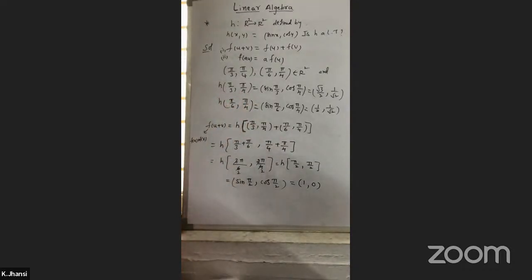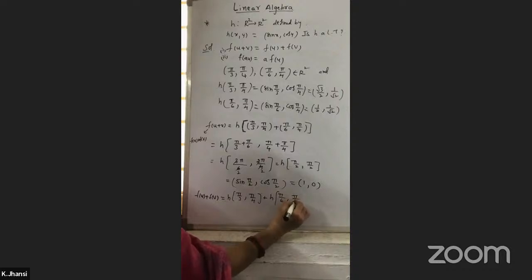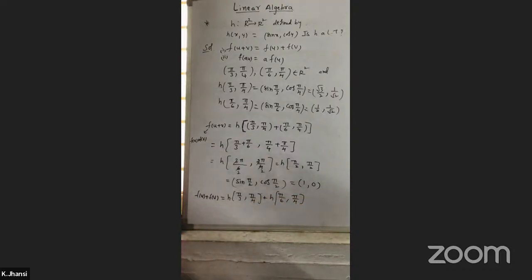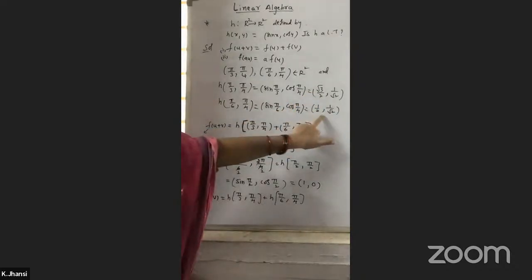So now f of u plus f of v is equal to h of pi by 3 comma pi by 4 plus h of pi by 6 comma pi by 4. Okay. So now we got these values. From here, this is the value of this one and this is the value of this one.